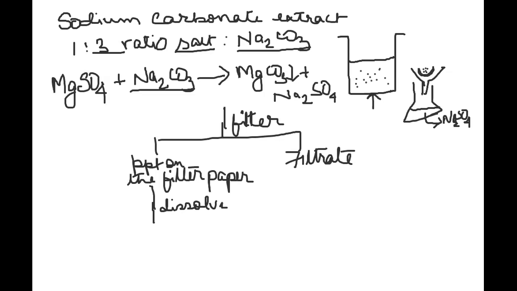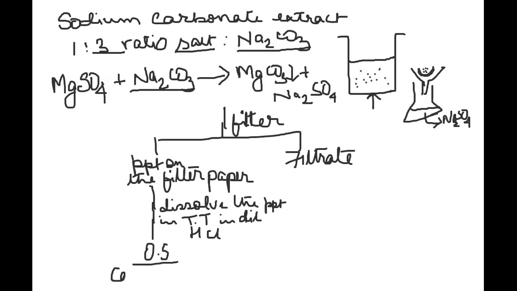So dissolve the precipitate in a test tube, in dilute HCl, and what you get here is the original solution that is prepared for the salt analysis of the cations. So this is basically used for testing the cations.